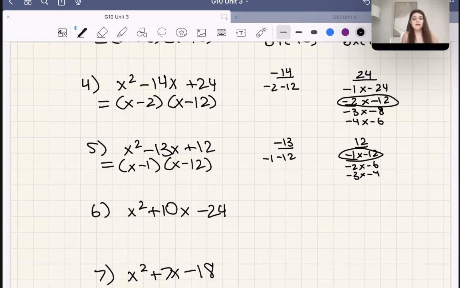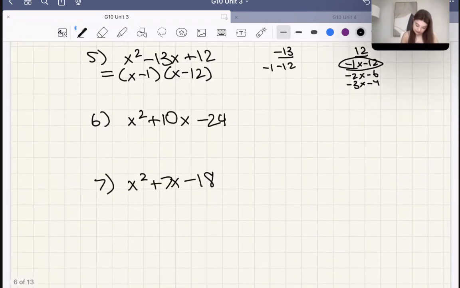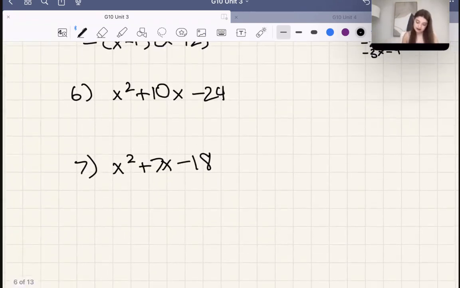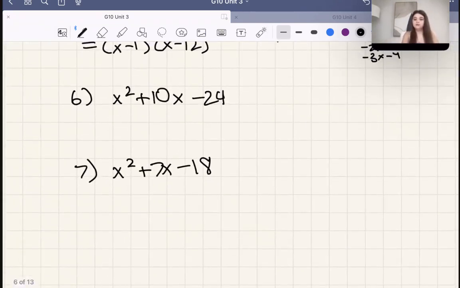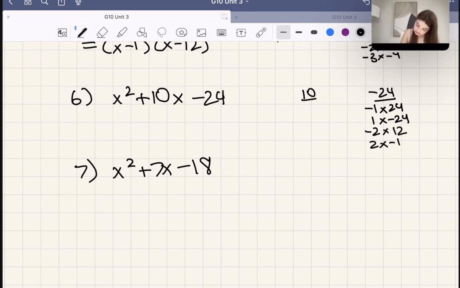And voila. All right, let's do two more examples, and then I will be done for this version of factoring quadratics. Let's find two things that add up to 10 and multiply to negative 24. Well, let's see, negative 1 times 24 and also 1 times negative 24, negative 2 times 12 and 2 times negative 12, 3 times probably some stuff, not that it matters.